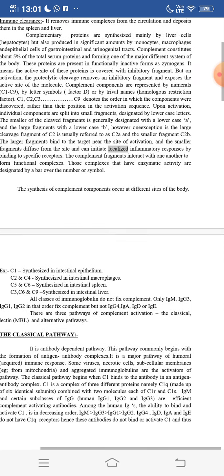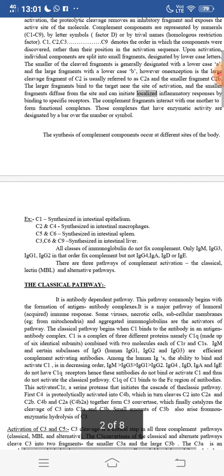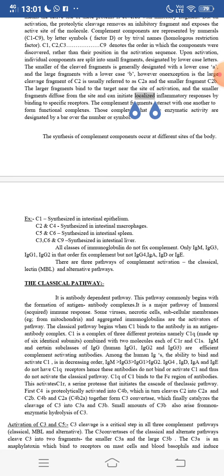The synthesis of complement components occurs at different sites of the body. For example, C1 is synthesized in the intestinal epithelial layer. C2 and C4 are synthesized in the intestinal macrophages.